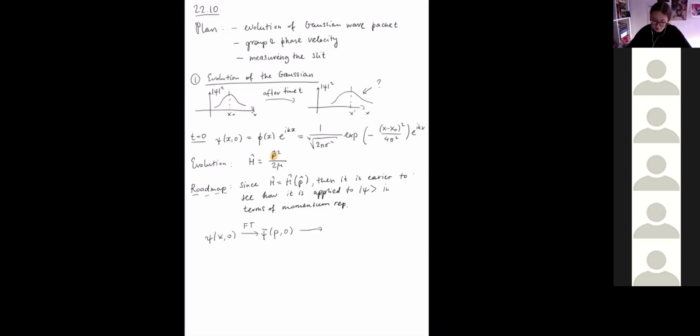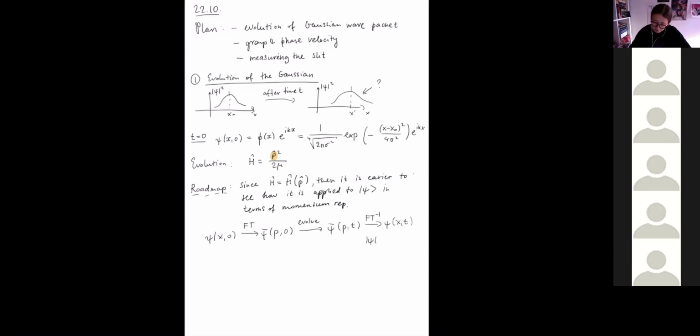And then we can evolve the wave function in the momentum representation, which for this Hamiltonian will be a very easy application. And then what we arrive at after evolving it for time t is psi bar of p,t. And then to get back to the position representation, we just have to perform an inverse Fourier transform.